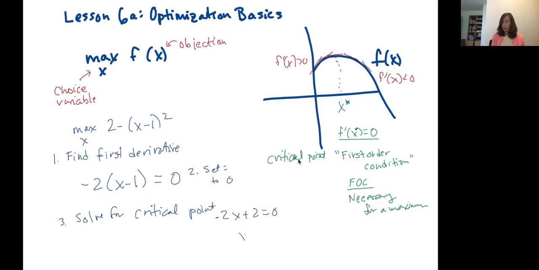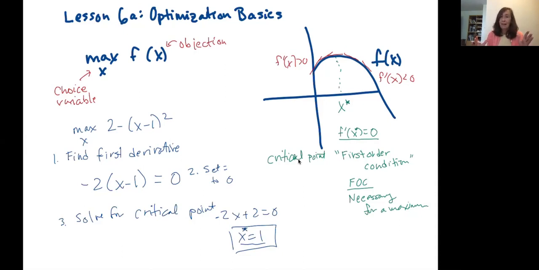And that gives me x equals 1. So what the first order condition is telling me is I'm looking for that point where this function has first derivative of 0, and that happens at x equals 1. That x star is my critical point. If there's a maximum here, it's going to be at 1, because the first order condition is necessary.